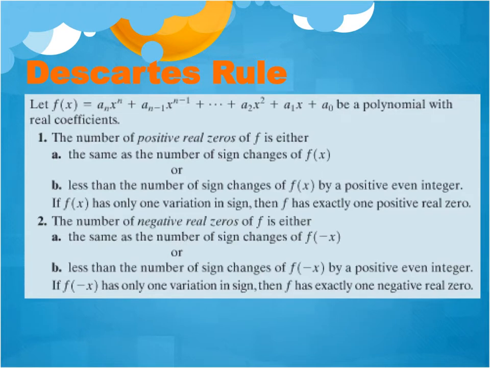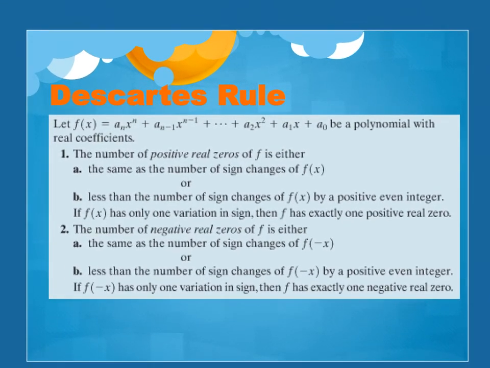Okay, so now I'm going to teach you two things that will help you narrow down your zeros. The first is called Descartes' Rule. Descartes' Rule says that if you look at your polynomial in decreasing degree order, then the number of positive real roots is either the same as the number of sign changes, or that number minus 2, until it gets to 0.